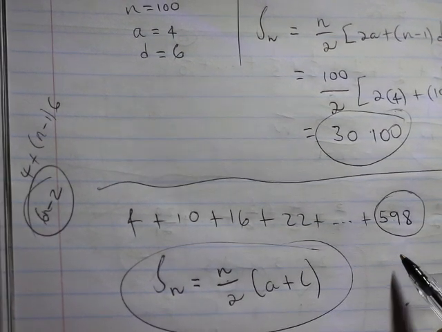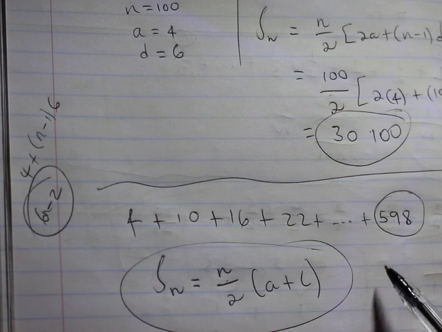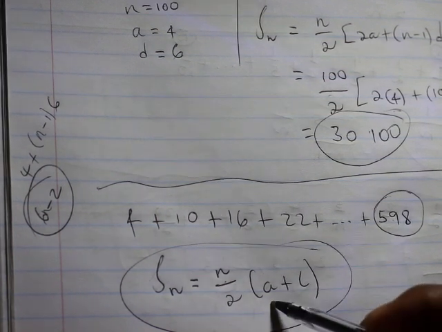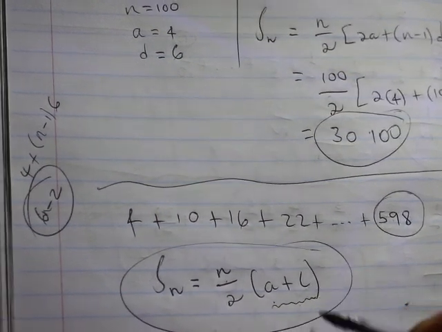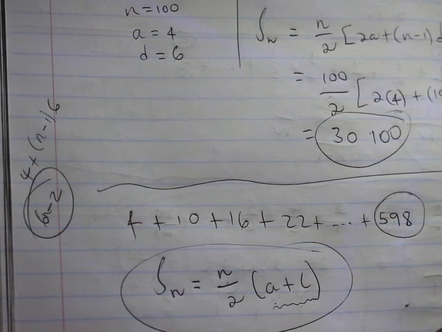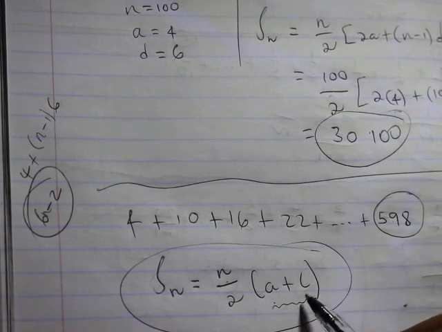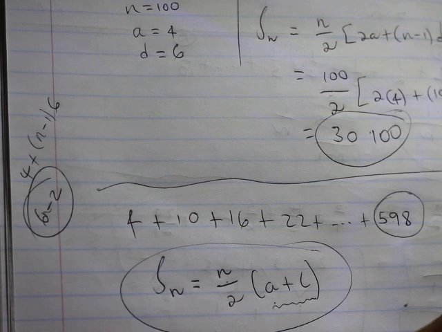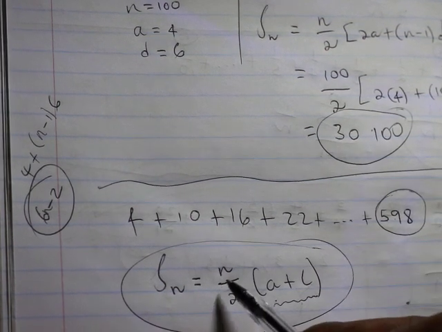This is kind of like a shortcut, because you can see that here you don't necessarily need the d. Do you understand? The d is not necessary, so you won't have to substitute the d, but you do need the n.